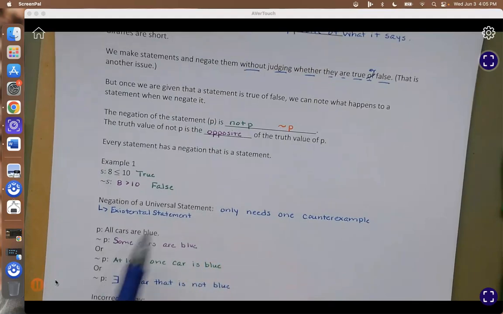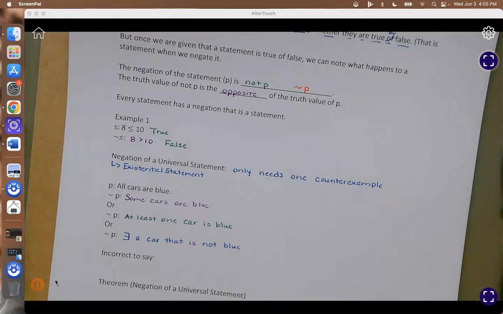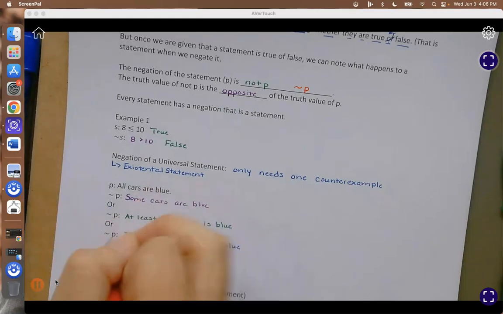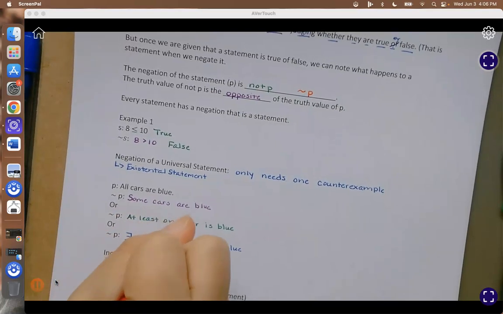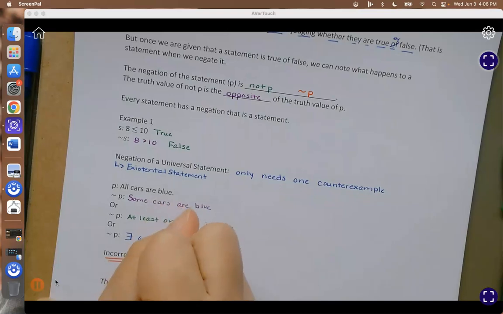Okay, so when you negate a universal statement, you change it from "all" to "there exists," and also do the opposite of your verb. So it's incorrect to say "all cars are not blue," because it's a universal statement.